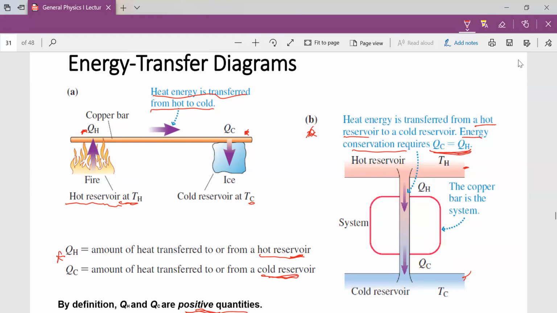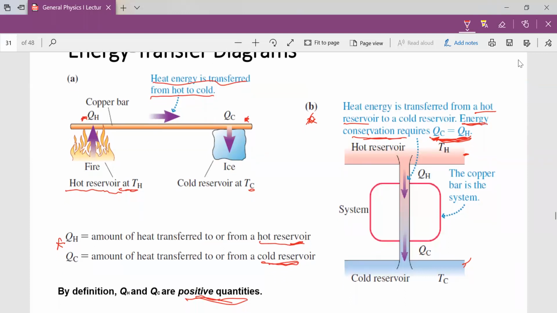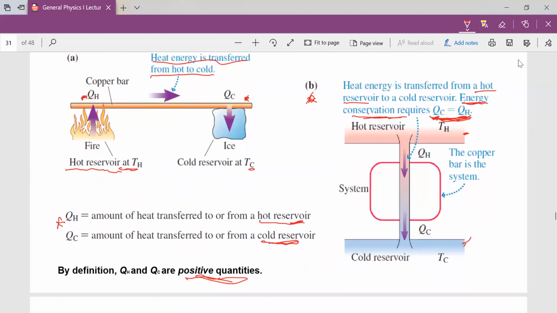There will not be need for any further exchange. So we see that the total energy of that system also will be conserved, and the heat will be conserved. And to reach this conservation point, the heat for the cold has to be equal to that of the hot. Okay, so when QC is equal to QH, we say the energy of that system is conserved.